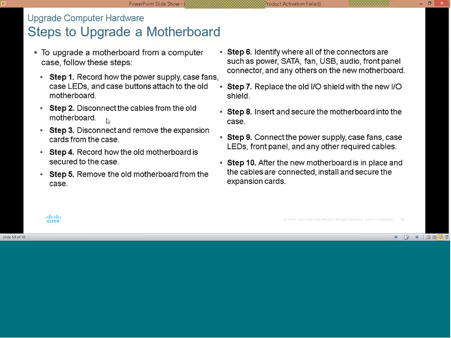And 6, identify where all the connectors are, such as power, SATA, fan, USB, audio, front panel connector, and any others on the new motherboard. So you need to identify where they are. Replace the old input-output shield with the new one.